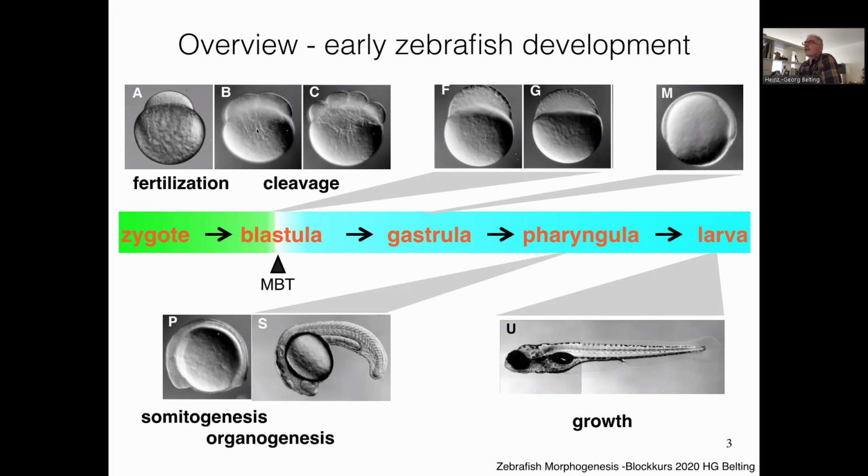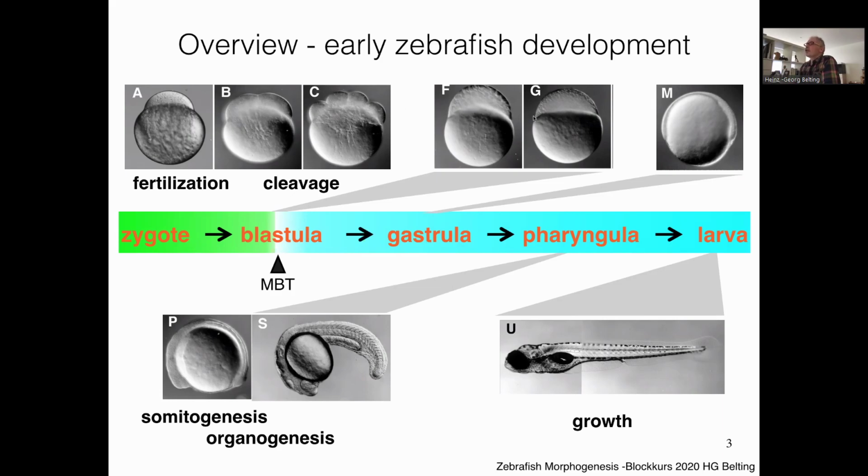You can inject something into the yolk and it will be transported or diffused simply into the overlying embryo. So these are called superficial cell divisions. In Xenopus, you don't have these. They are complete cell divisions.